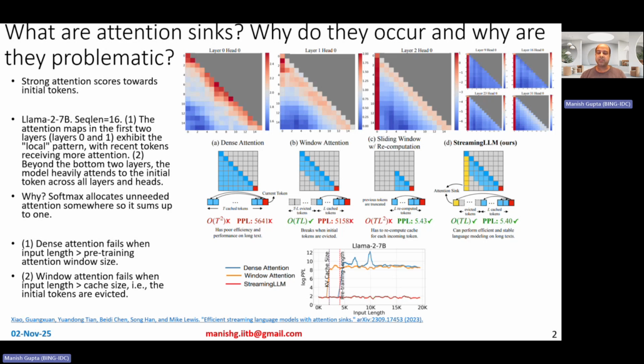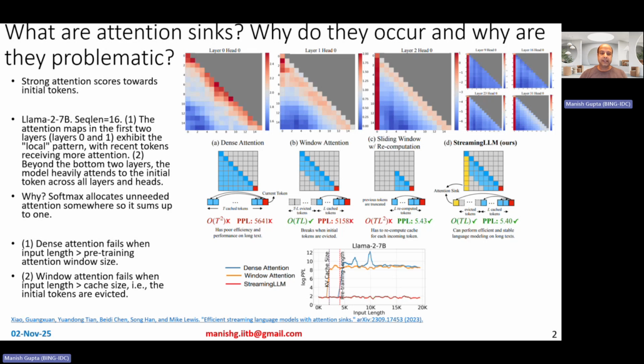But softmax unfortunately allocates this unneeded attention somewhere, since it constrains things to sum up to one. And since the first few tokens are the most observed in autoregressive modeling, all of this attention mass seems to be allocated to the first token or the first few tokens.